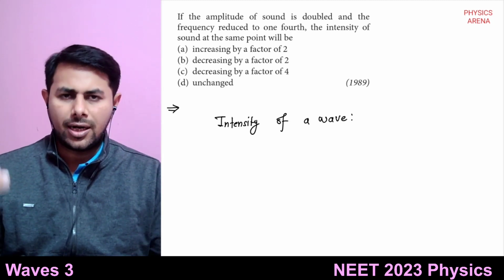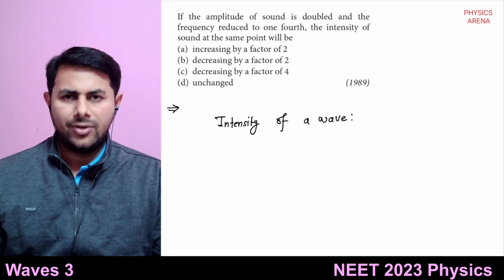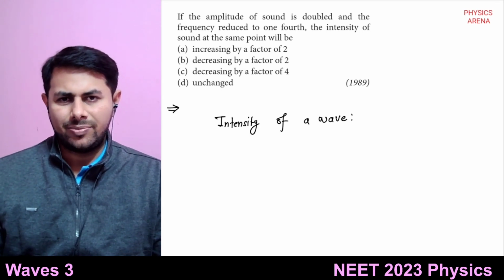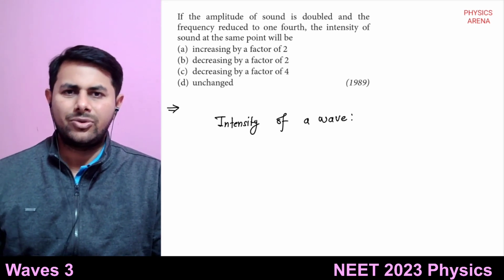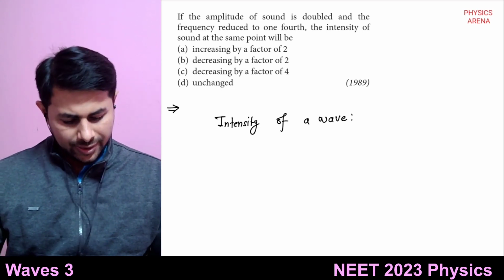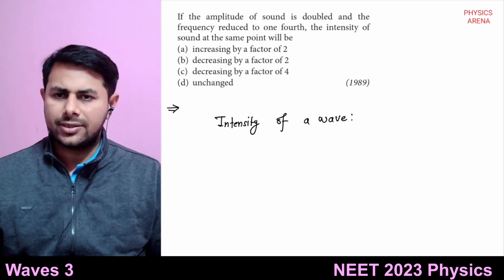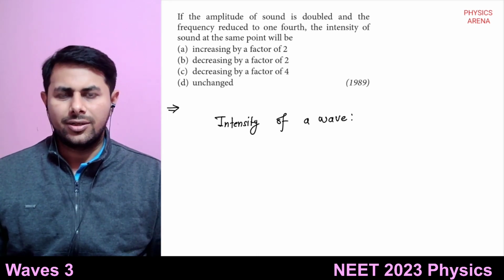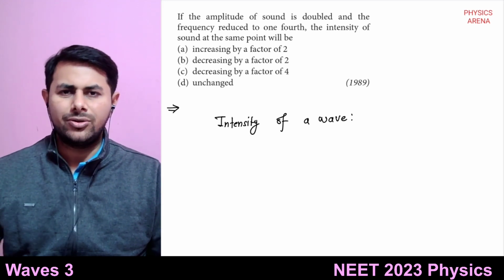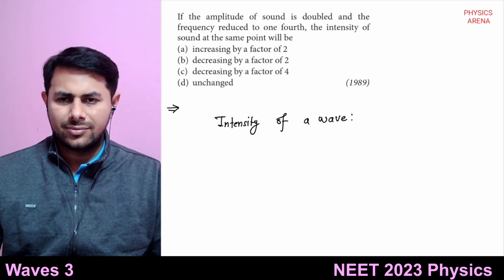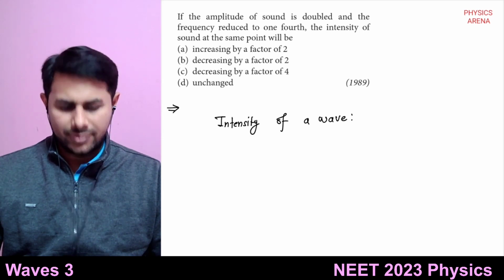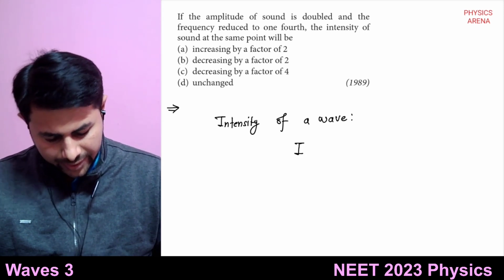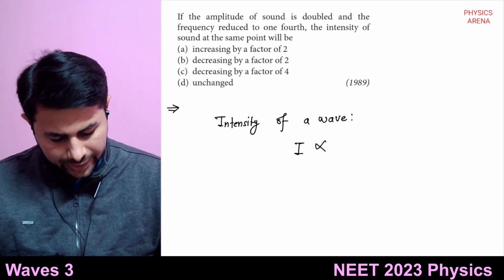Intensity is the amount of energy carried by a wave per unit area per unit time. So the intensity, let's denote it by I, is directly proportional to energy.